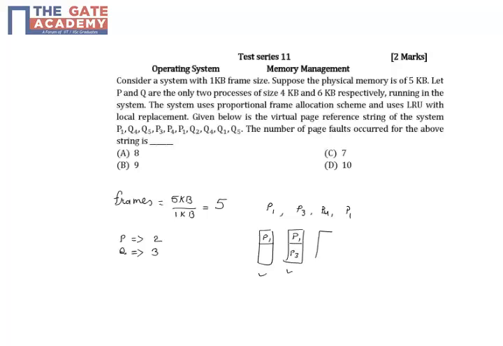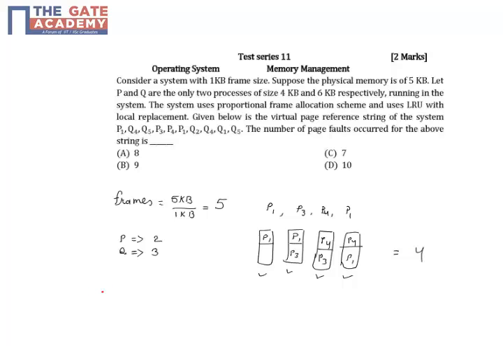Now for P4 we will have to apply LRU. LRU means least recently used. The least recently used is P1, so P1 will be replaced by P4. P3 will be there, 1 page fault, and then again for P1 there will be a page fault. P3 will be replaced by P1. There are 4 page faults in process P.